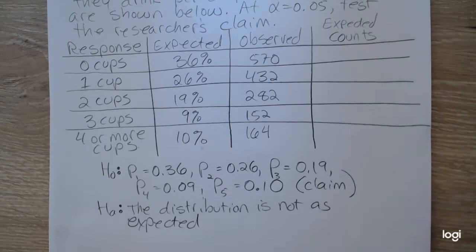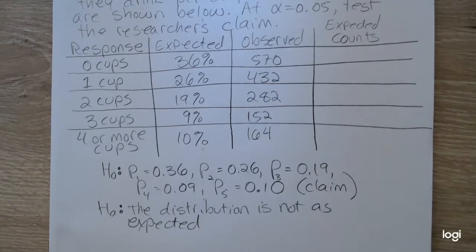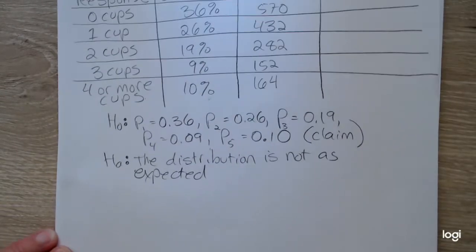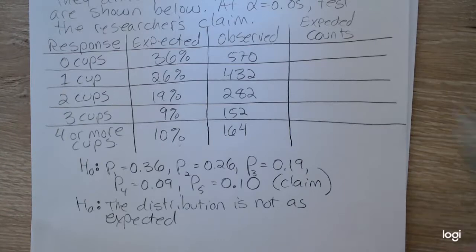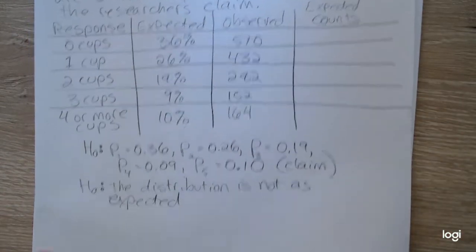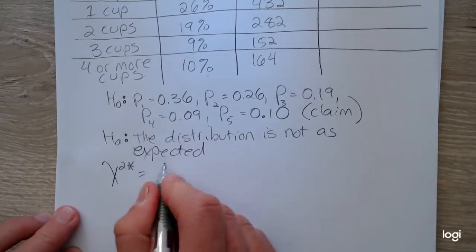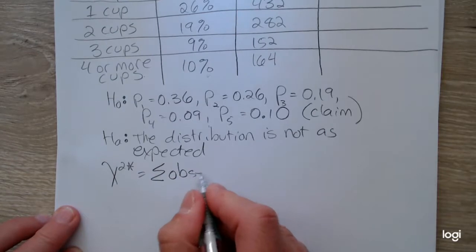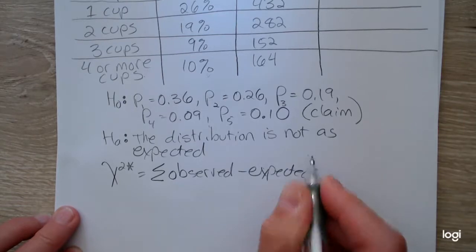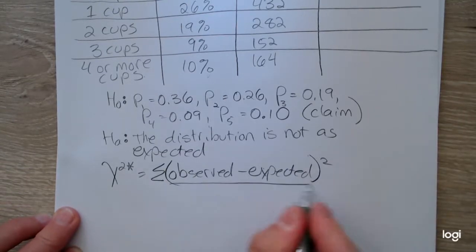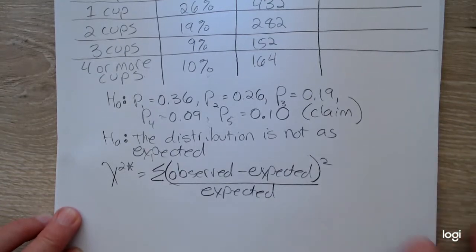Now, I'm not going to do the test statistic by hand. I'm going to use the TI-84 to find that for me. But if you did want to do the test statistic by hand, you're going to need the expected counts. The test statistic formula is the sum of the observed counts minus the expected, squared, over the expected for each category, and then we sum those all up.